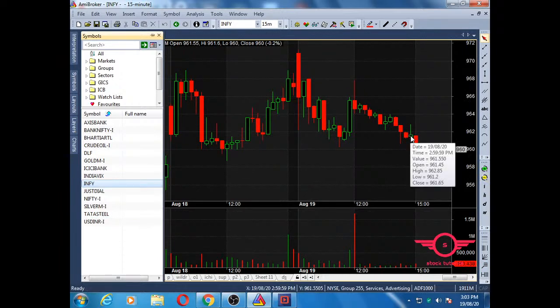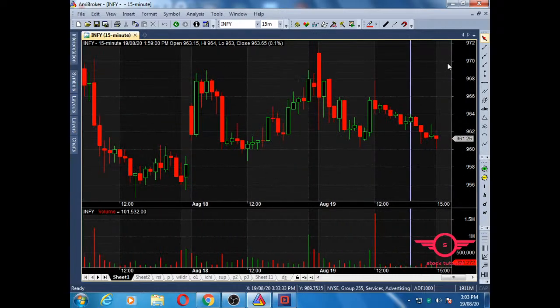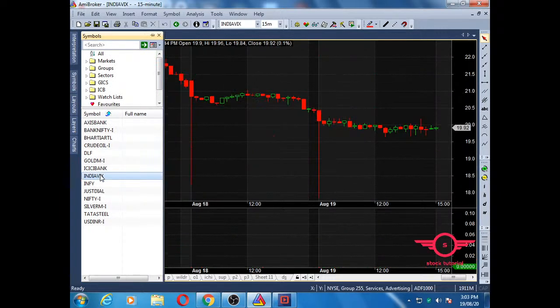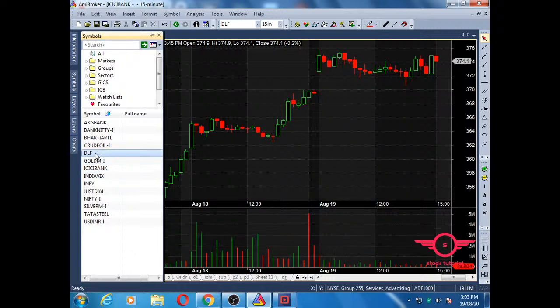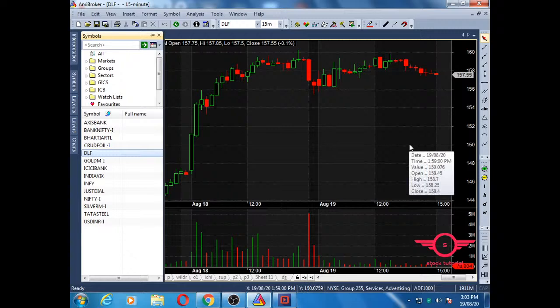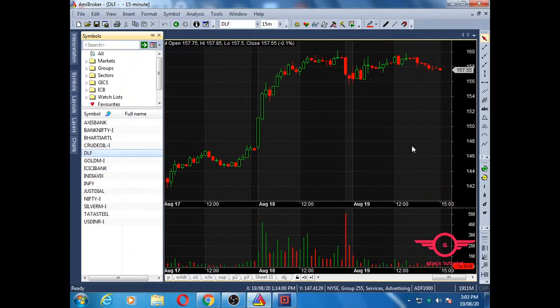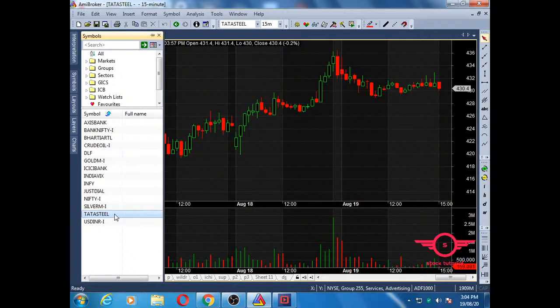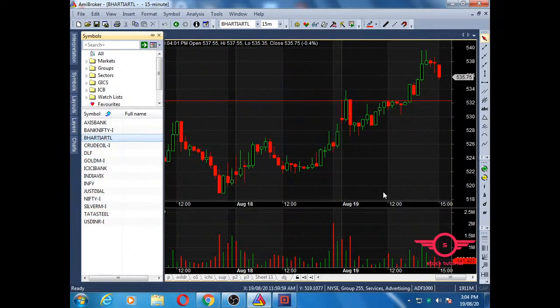Oh, this is Infosys, 961.2. Not so much here, but you can take two candles.